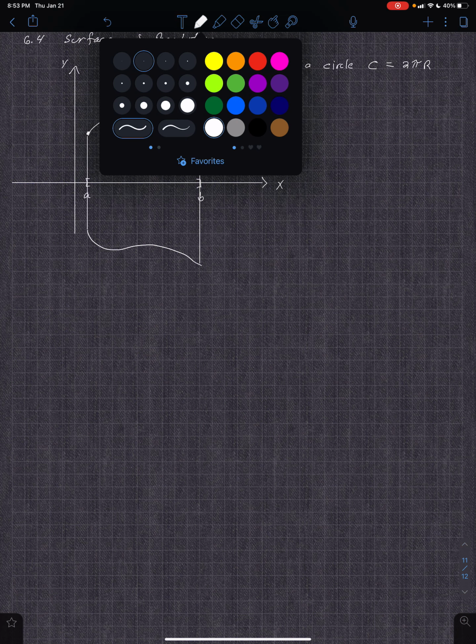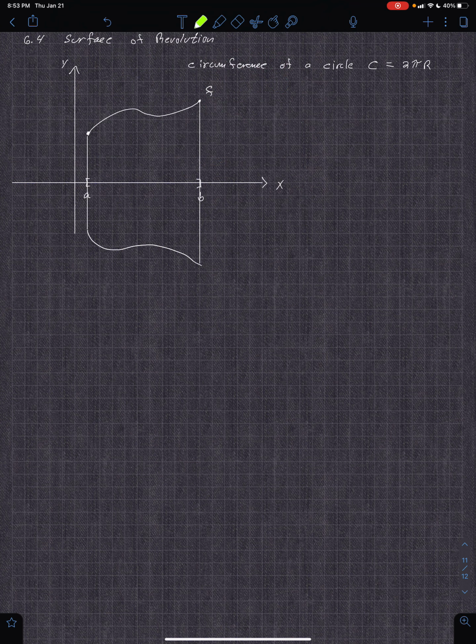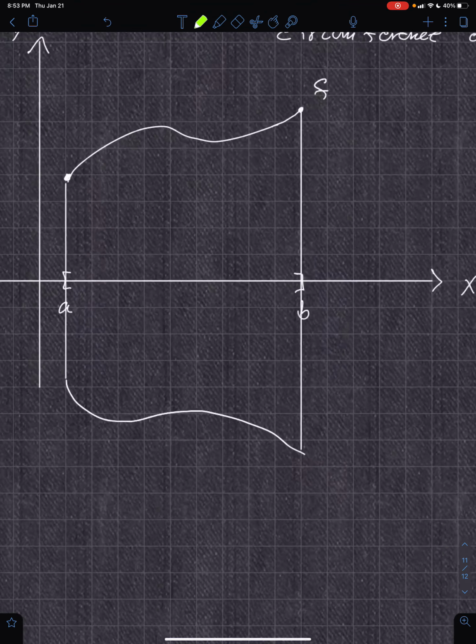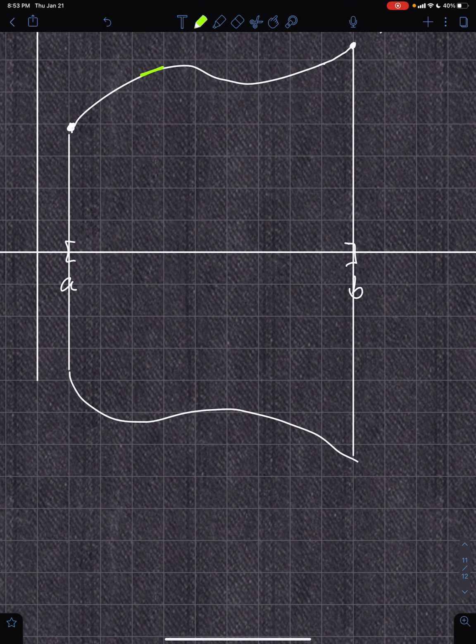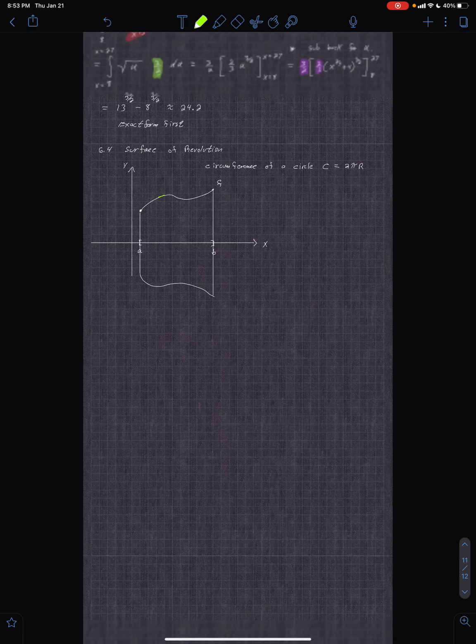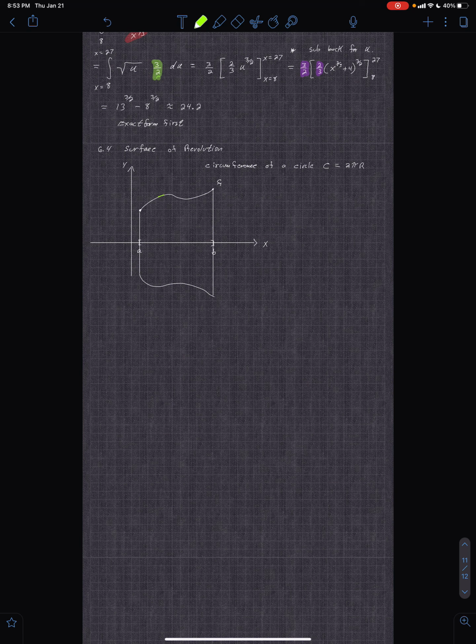And what we're looking for is basically this little strip here. So take a piece of the line like that, and it helps to make it smaller. And then we're revolving that like this.